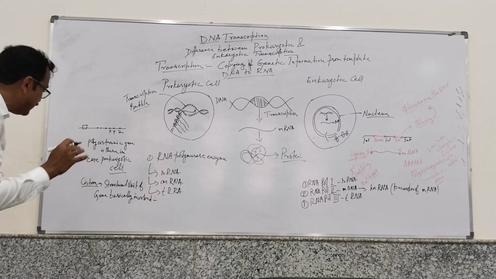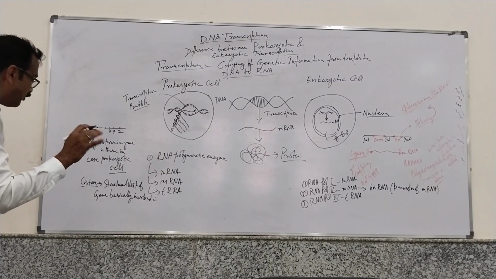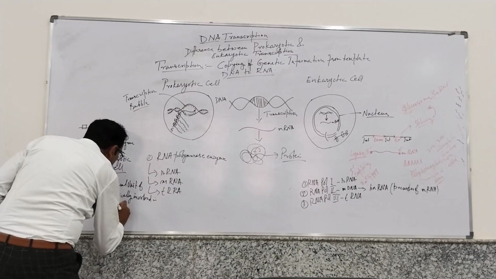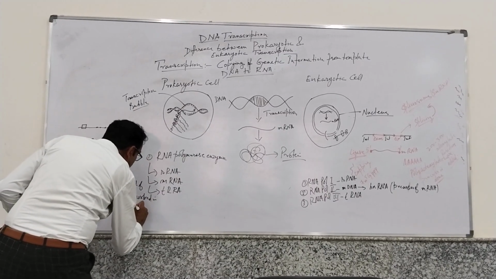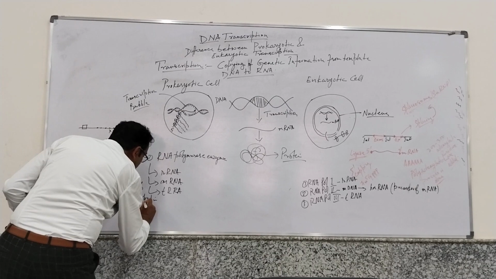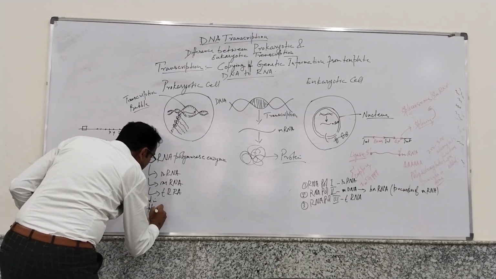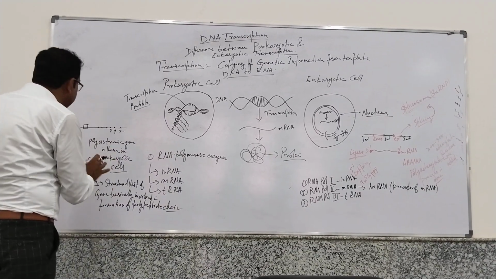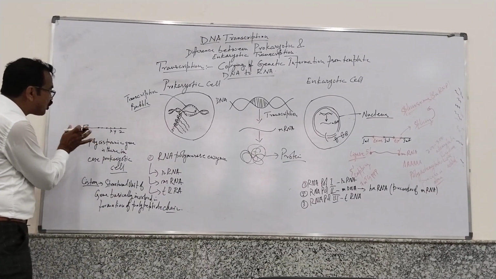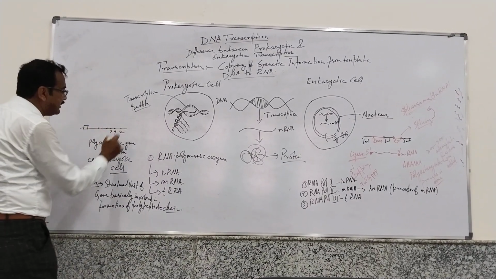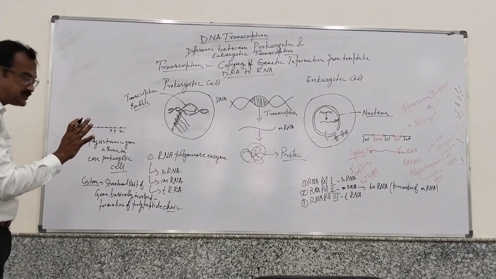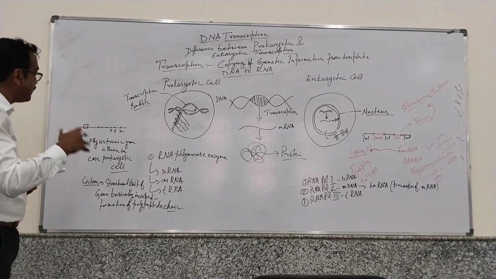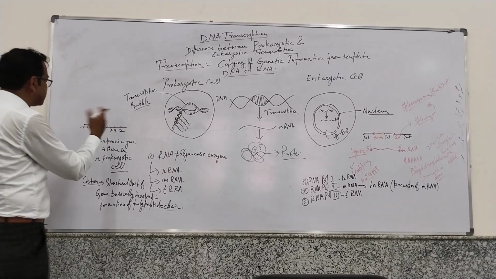It is the smallest unit of a gene involved in the formation of a polypeptide chain. So in this case many cistrons are involved, like X, Y, Z. Different types of cistrons are involved in the formation of different polypeptide chains. Multiple polypeptide chains are formed.